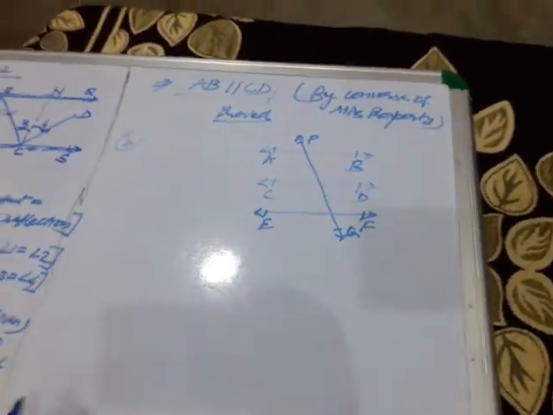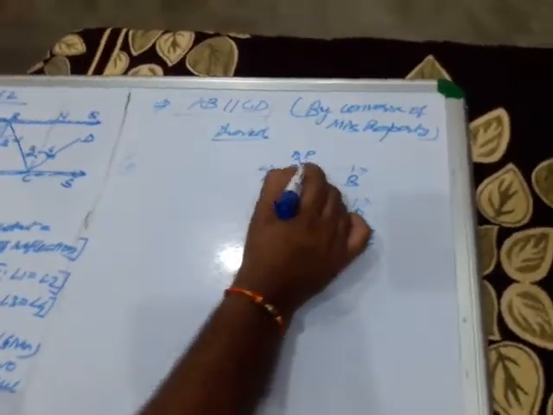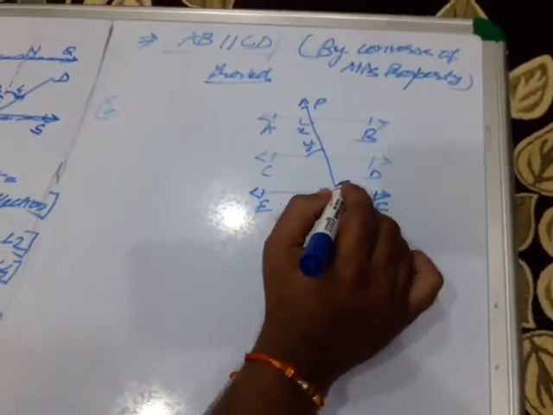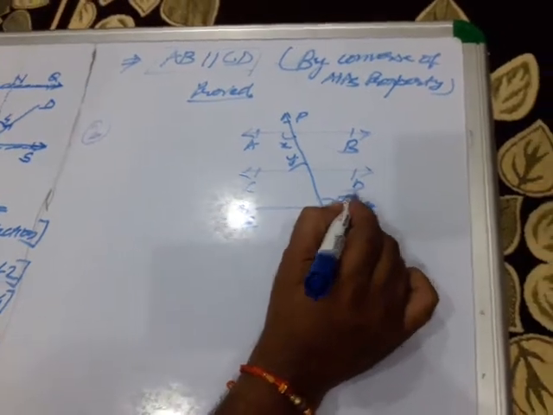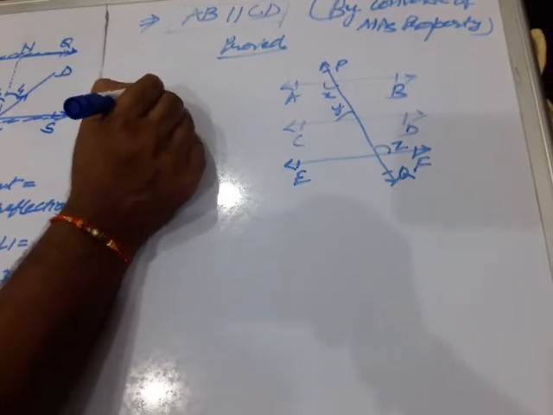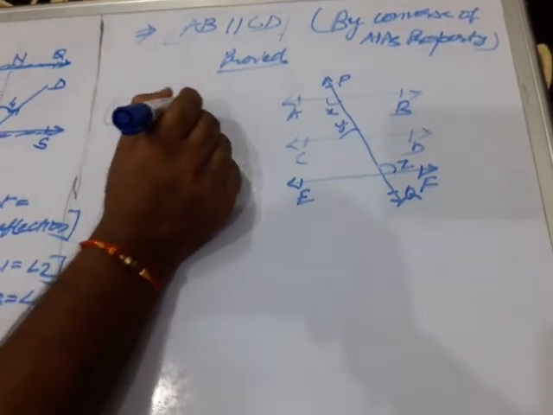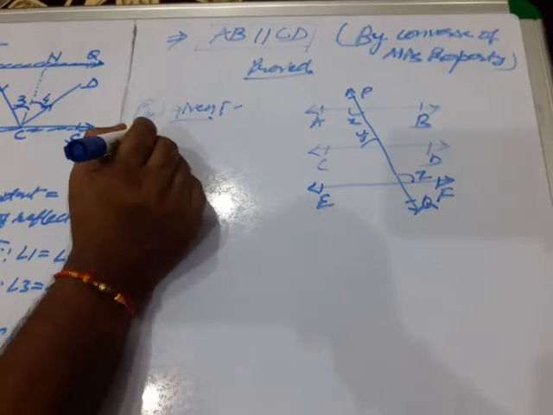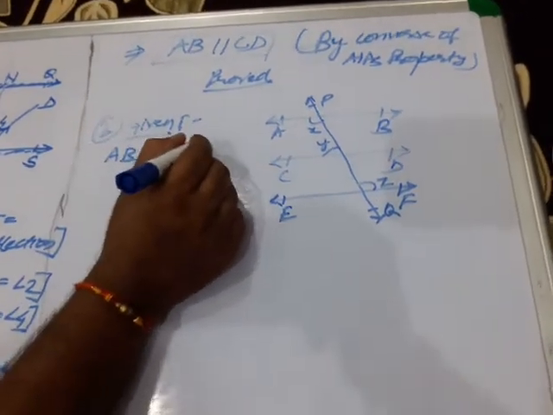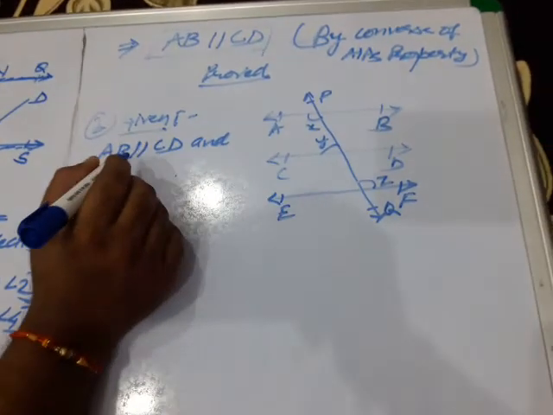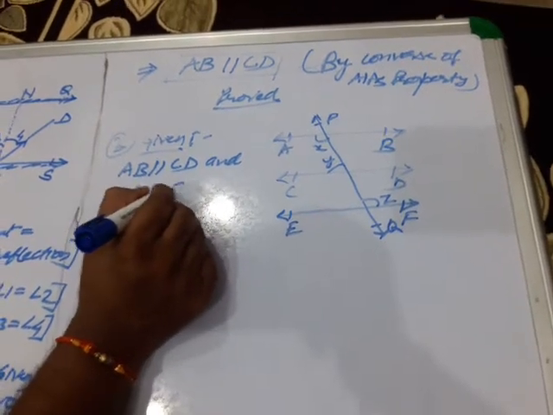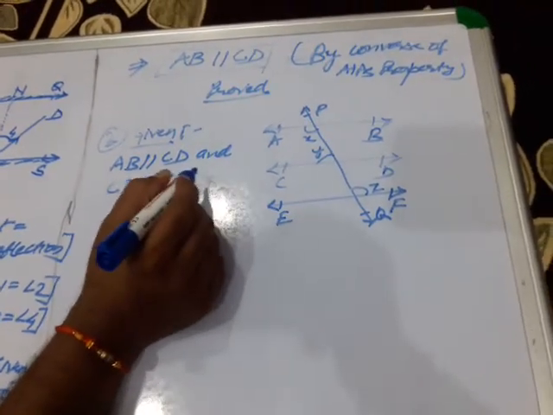Okay children, here this is X and this is Y and this is Z. What is given in the question? It is given that AB is parallel to CD and CD is parallel to EF also.